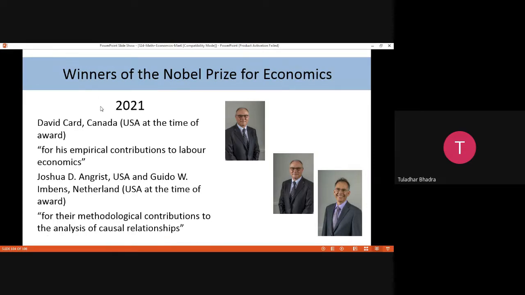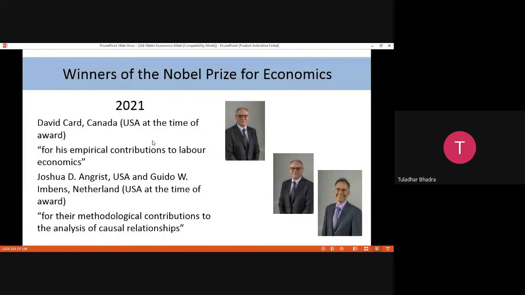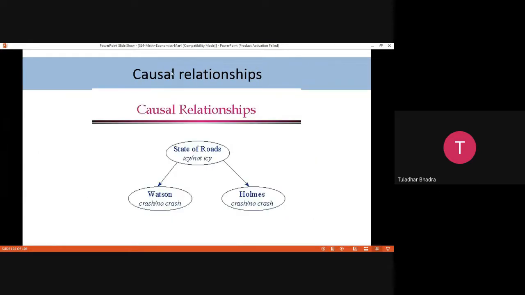When I write in this format, the prize money is divided so that half goes to Canada, and the other half is distributed between these two, one from USA and one from Netherlands. So that's why I have to write it this way, not three getting an equal share. This one gets the bigger share, and these two get half of the half. This is how the money is given.